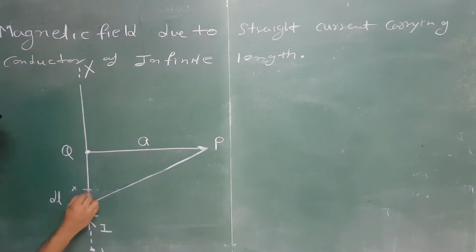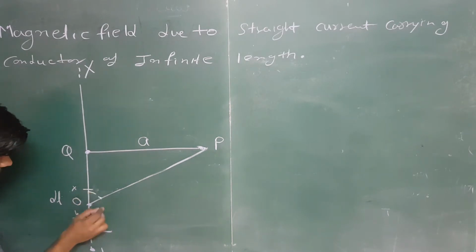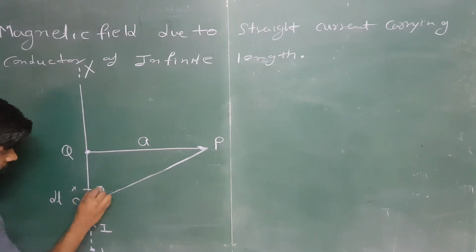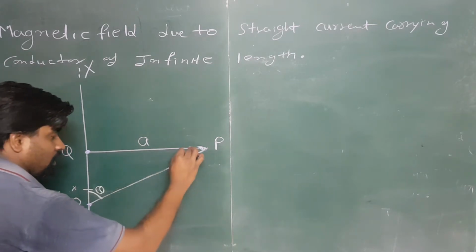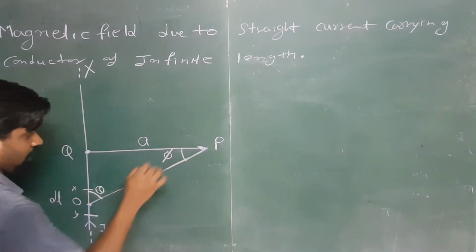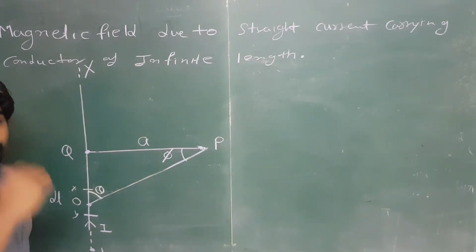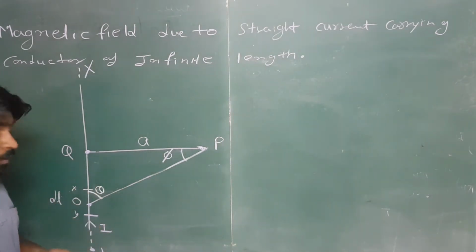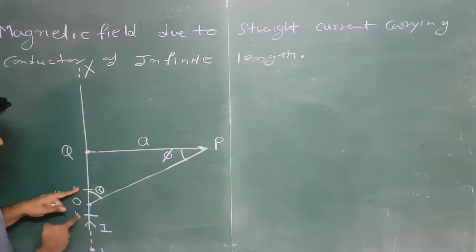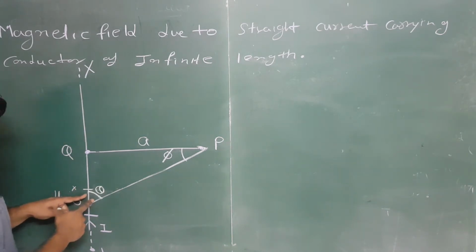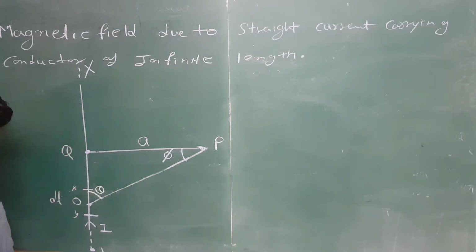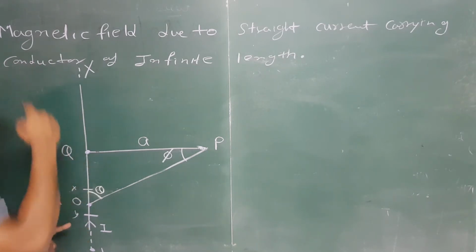So the angle here is theta, and the angle which is here you can take as phi, and here the angle is 90 degrees. First of all, we will discuss the magnetic field due to this small element which is making the angle theta, and after that we will have the resultant magnetic field due to this infinite length.